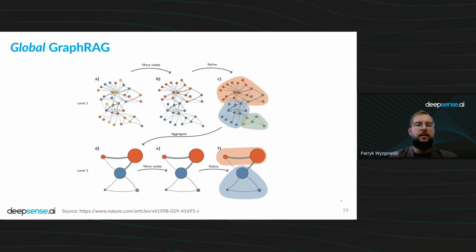It first moves the individual nodes from one community to another. In this scenario, it just gives each a color, because at first everything is in a single partition. Then it is refined, and finally we have some aggregate network.